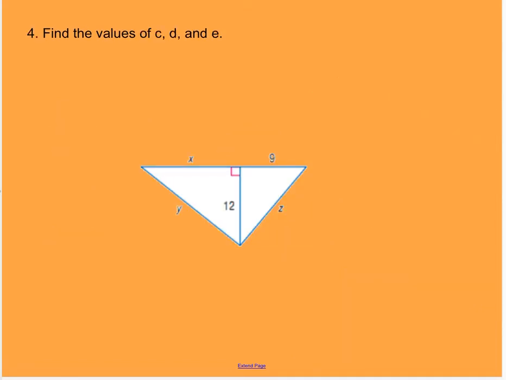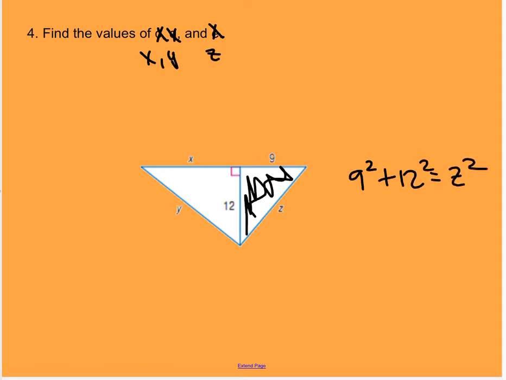So here, find the values of C, D, and E. Well, I think they mean X, Y, and Z, so go with that. I'm going to do the same thing again here. Well, actually, I'm going to go in a different order. I can figure out right here what z is because I got a right triangle here. So that's going to be 9 squared plus 12 squared equals z squared.